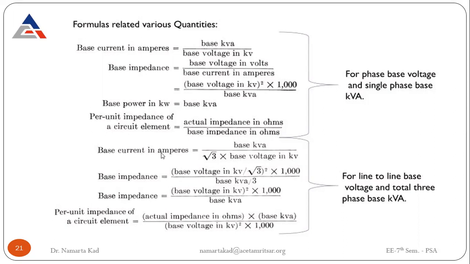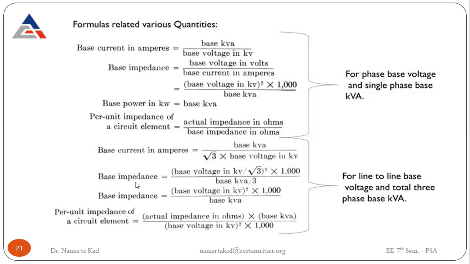So base current in amperes. Actually these formulas are for the three phase. For single phase, it is simply base kVA upon base voltage. So for three phase it comes out to be base kVA divided by root 3 into the base voltage in kilovolts.